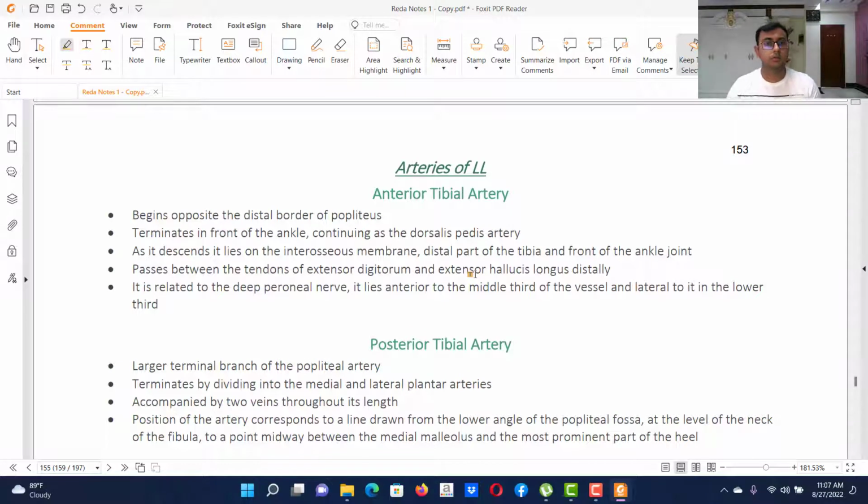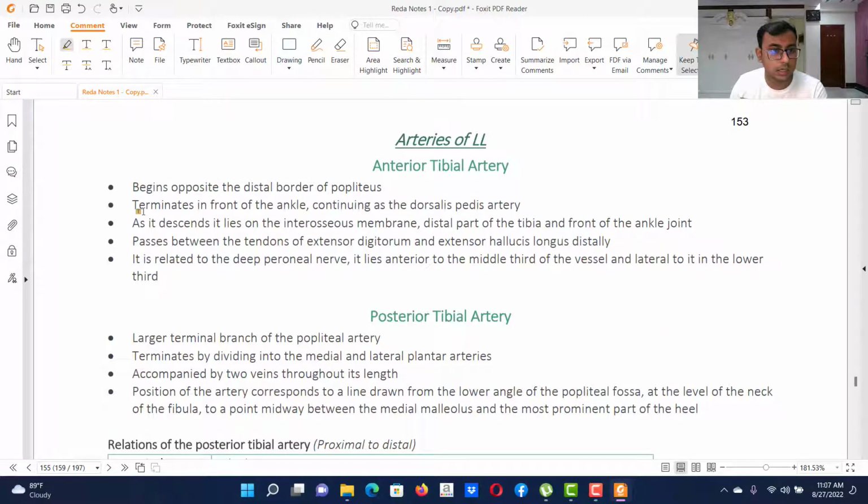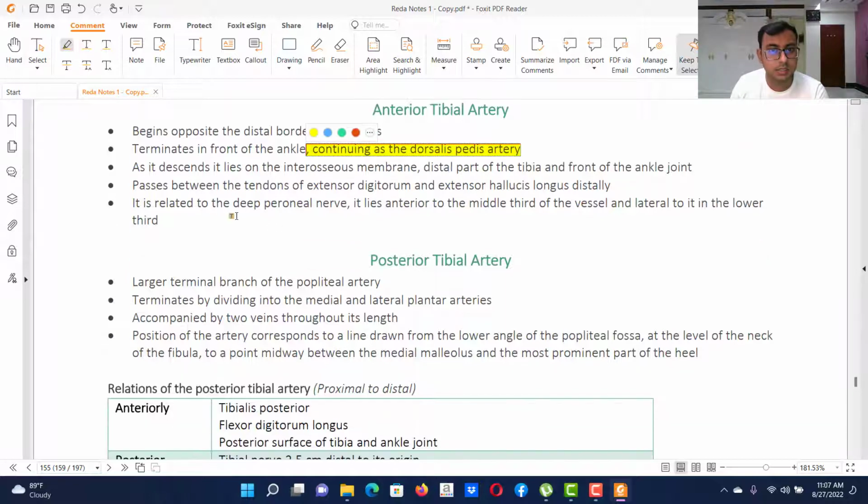Now, these are all about the muscles and the bones. Now the arteries of the lower limb. There are important arteries, listed as a short note. The anterior tibial artery continues as the dorsalis pedis. It passes between the extensor digitorum longus and the extensor hallucis longus.